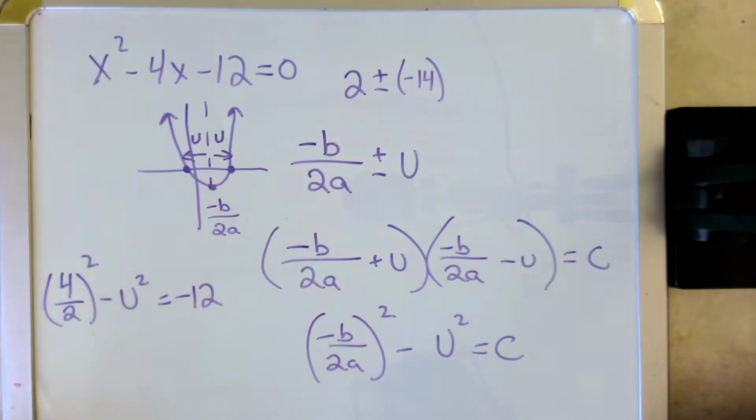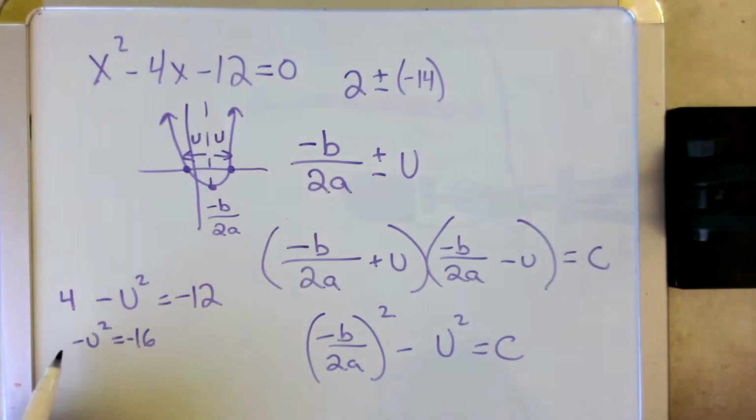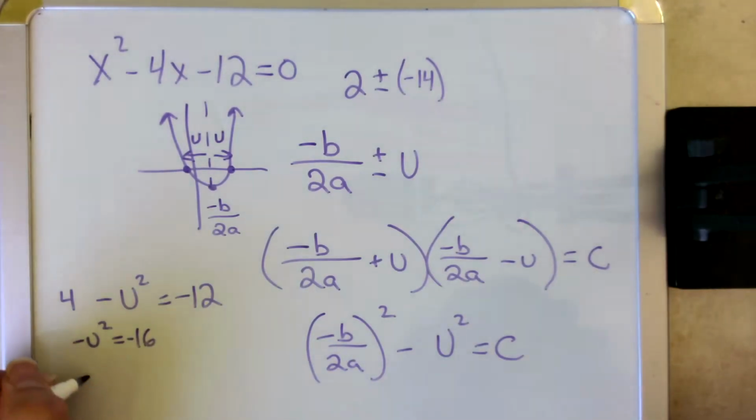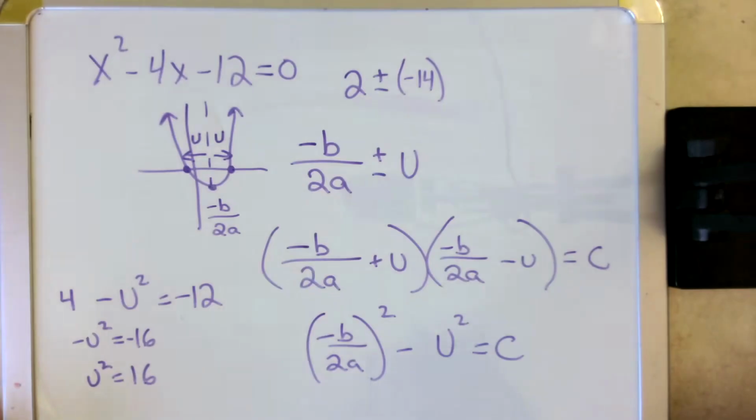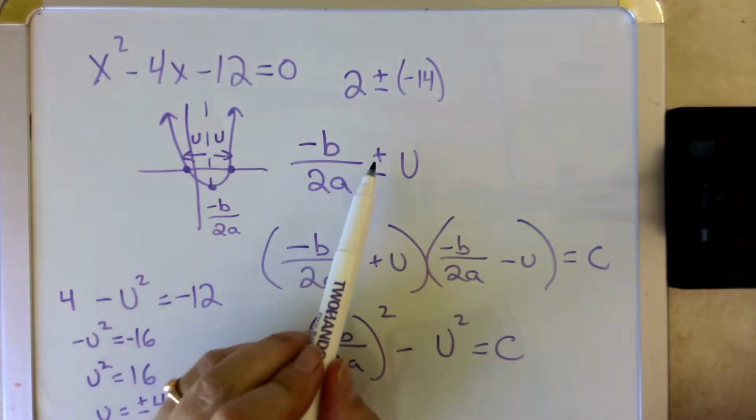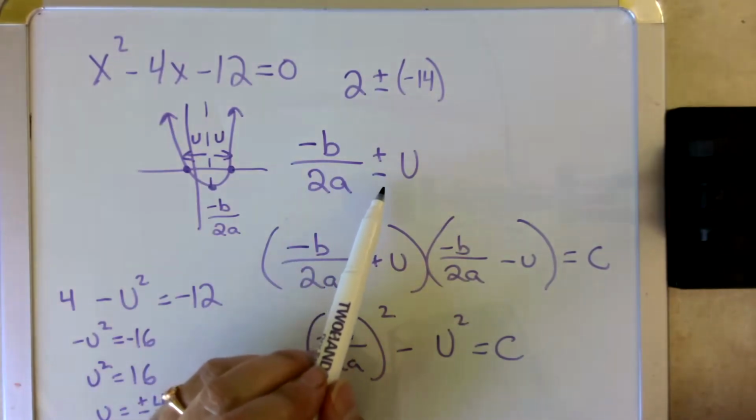So 4 over 2, that's 2, 2 squared, that's 4. Subtract 4 from both sides. Negative u squared equals negative 16. u squared equals 16. u equals plus or minus 4. And I actually already have the plus or minus there.